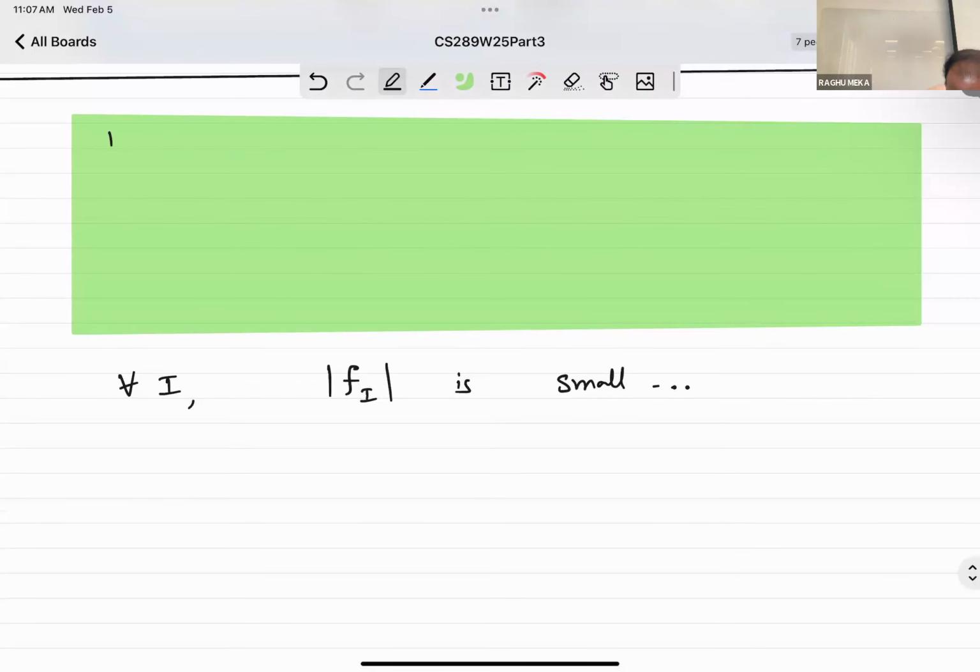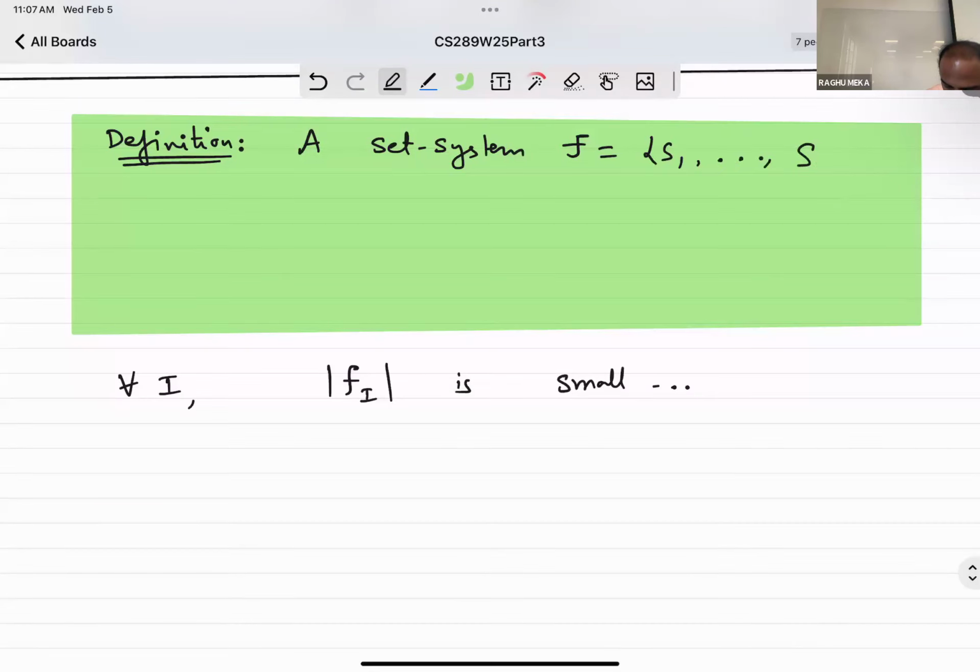And there are various ways to quantify that, but somehow the simplest way is also what works. We'll say a set system F is S-spread if the following holds.